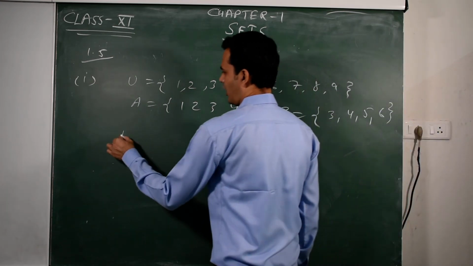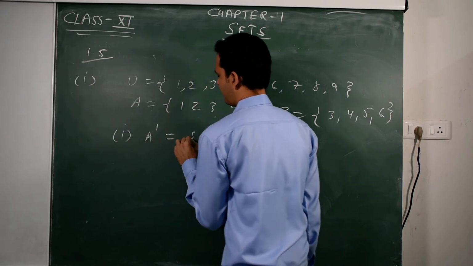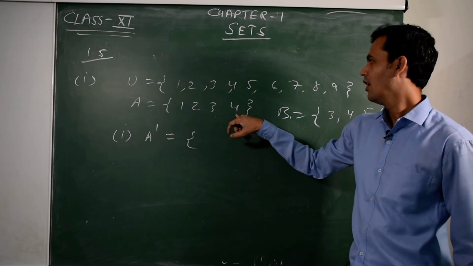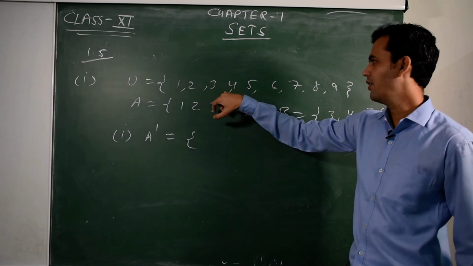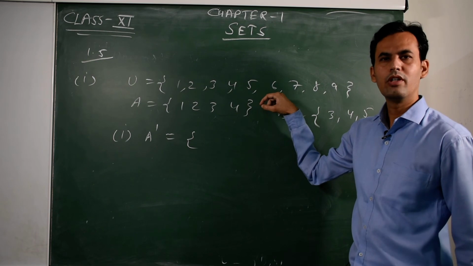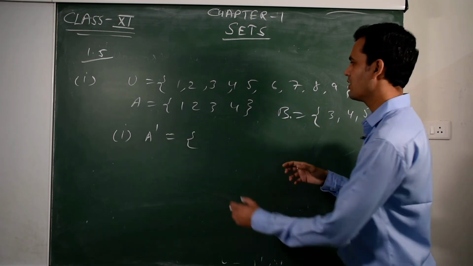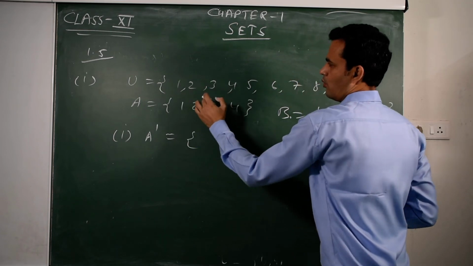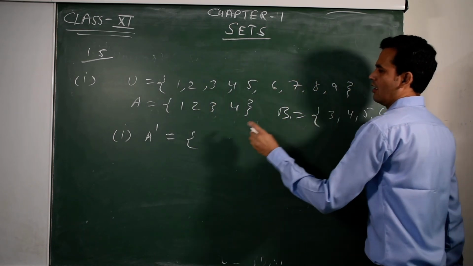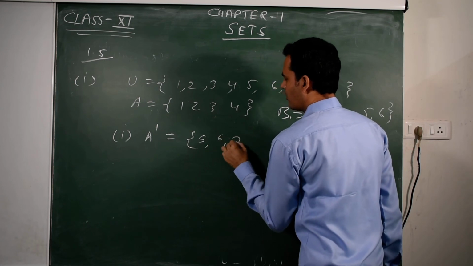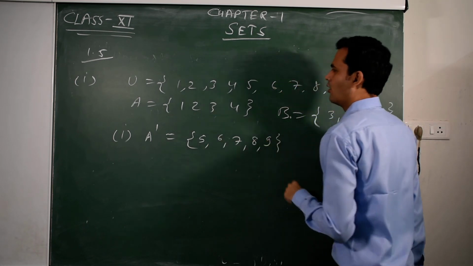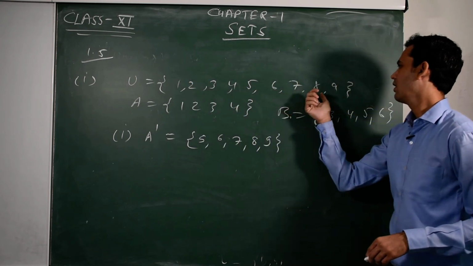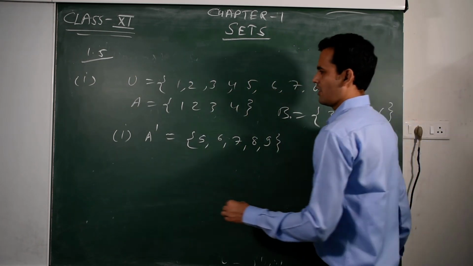So first we have to find A complement. A complement means we remove these 1, 2, 3, 4 from U and the remaining elements are the elements of A complement. Okay, 1, 2, 3, 4 are common to both. So we remove them and the other elements are the elements of set A complement.